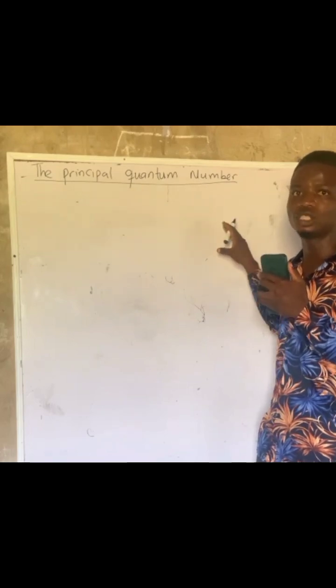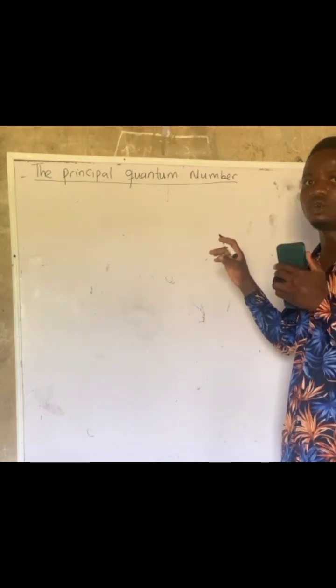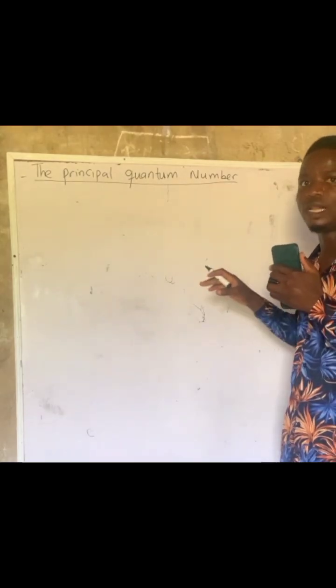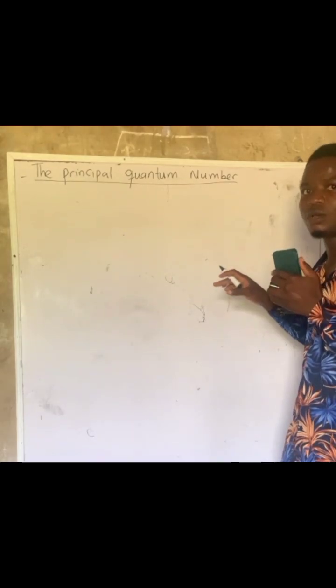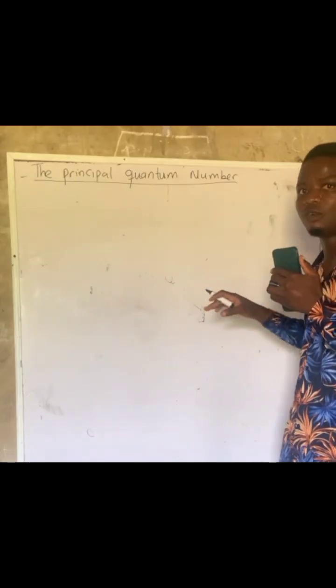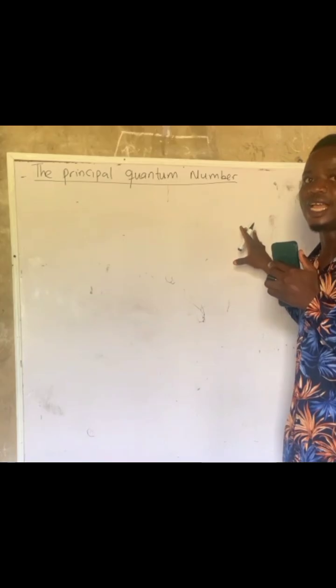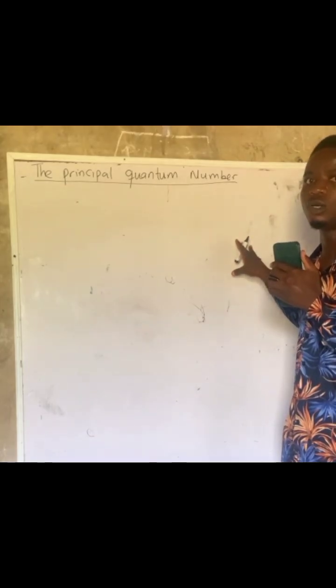From Bohr's theorem, Bohr predicted that the electron revolves around the nucleus of an atom. So that position where the electron revolves around the nucleus of an atom is what Bohr calls the energy level or the shell.